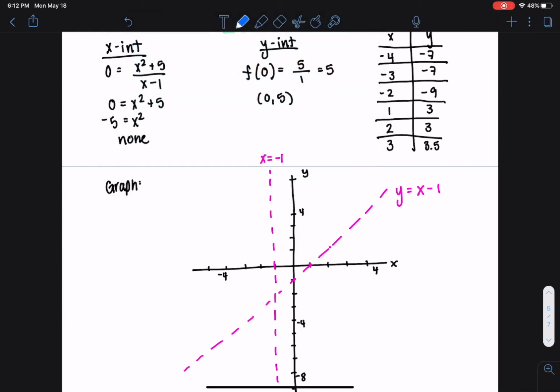Now we plot our points. When x equals 0, our output is 5, which is up here. When x equals 1, the output is 3. X equals 2, we get 3 again.